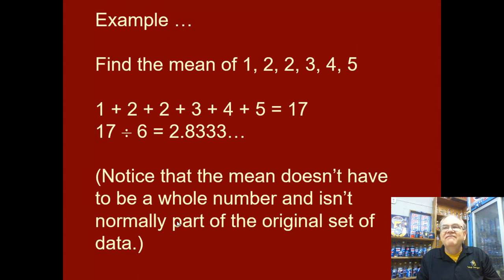The mean very often will be a decimal, and it doesn't necessarily have to be one of the numbers you started with. It usually won't be. It does need to be somewhere in the middle of your numbers, but that's about it.